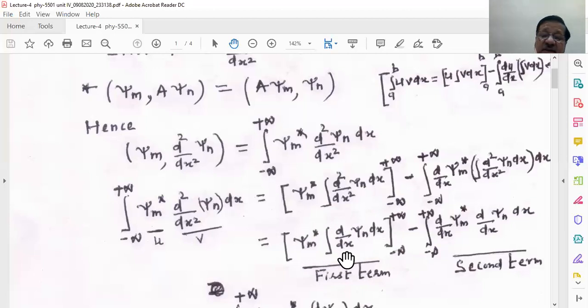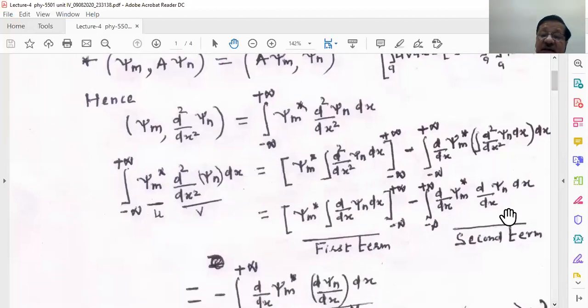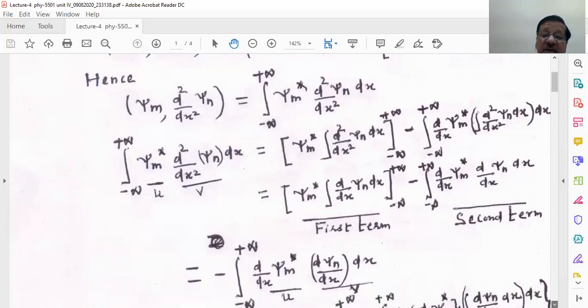I think now you will understand that the first term is vanishing because the wave function at infinity approaches zero. So now we have only one term left. This is with the minus sign. This minus sign is already preceded here, so I keep the minus sign here and look at the remaining part.